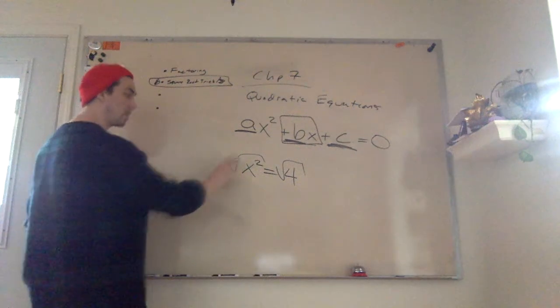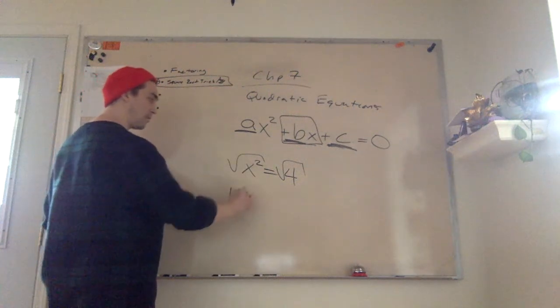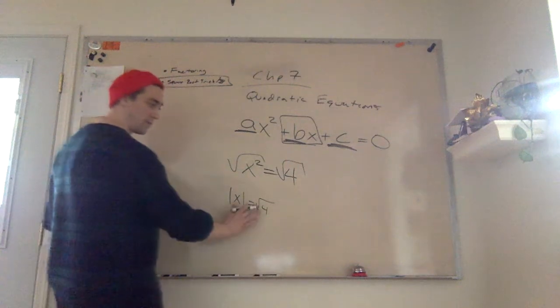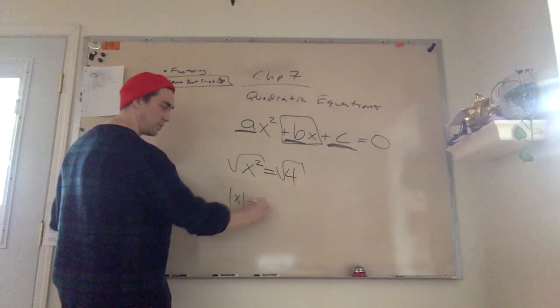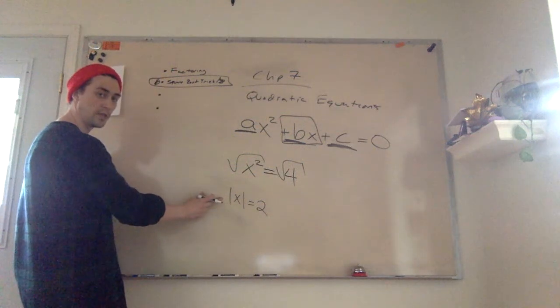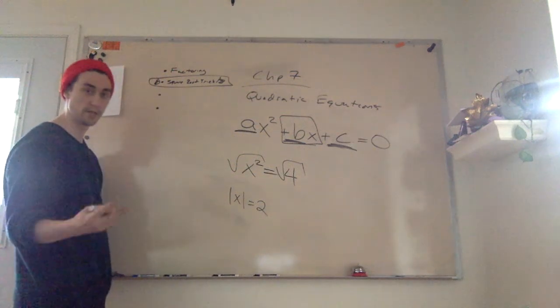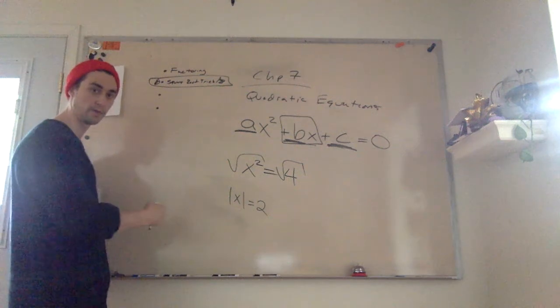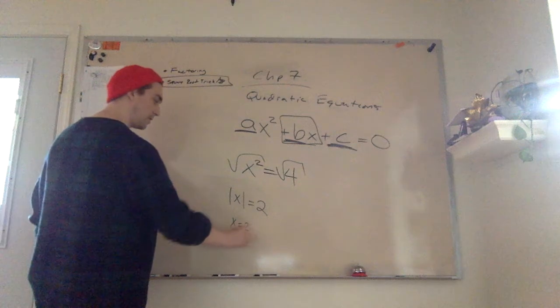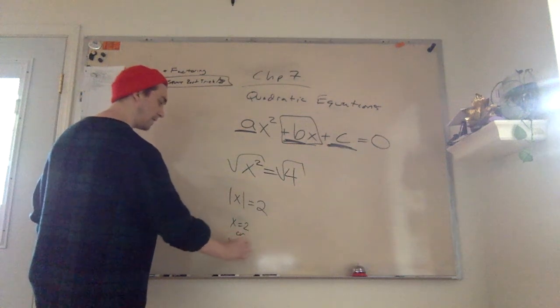The square root of x squared is the absolute value of x. And then the square root of 4, you can write as 2. And now this is an absolute value equation. And absolute value equations have 2 answers because there are 2 ways that you can go from 0. Absolute value of x equals 2 means x equals 2 or x equals negative 2.